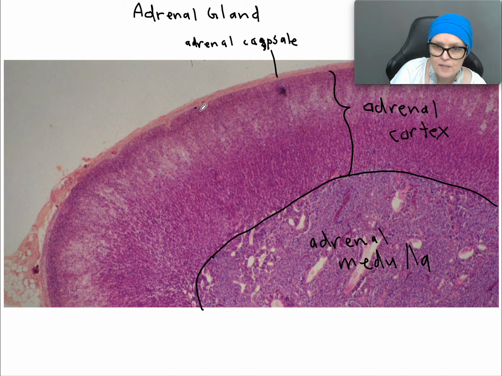Now the adrenal cortex has three layers. The outer, about 15%, is called the zona glomerulosa. I didn't have room, so. Glomerulosa.